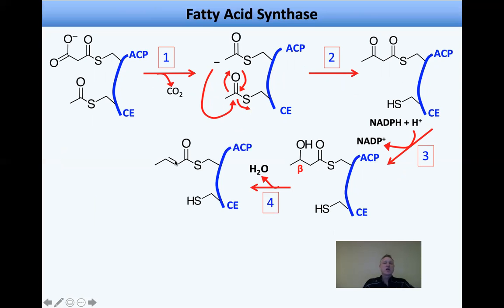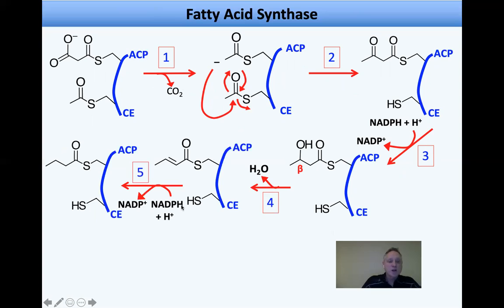That's a famous generation of an alkene through dehydration reaction here. And the double bond, as you might imagine, will be reduced to the saturated alkane form here. So this carbon that was once a carbonyl is now completely reduced using NADPH as well as dehydration.